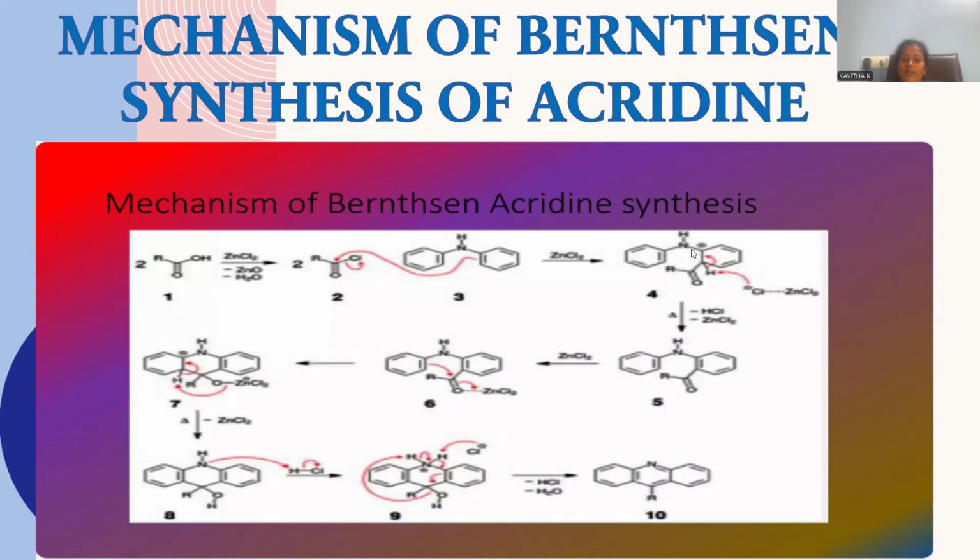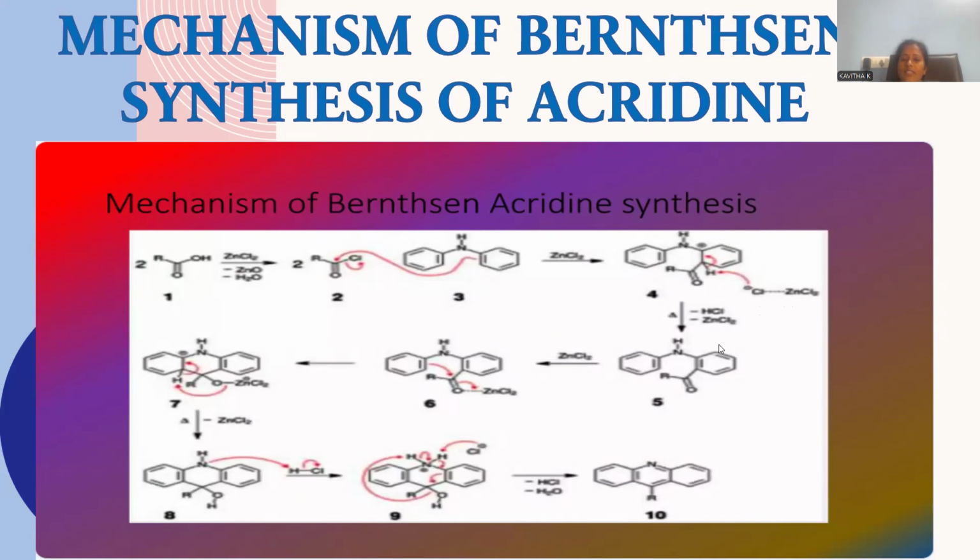subsequently we are generating a carbocation at this bridgehead carbon atom. And now let me go with the reactivity of this catalyst zinc chloride, taking up this hydrogen from this bridged carbon atom in order to restore the aromaticity of the benzene ring.